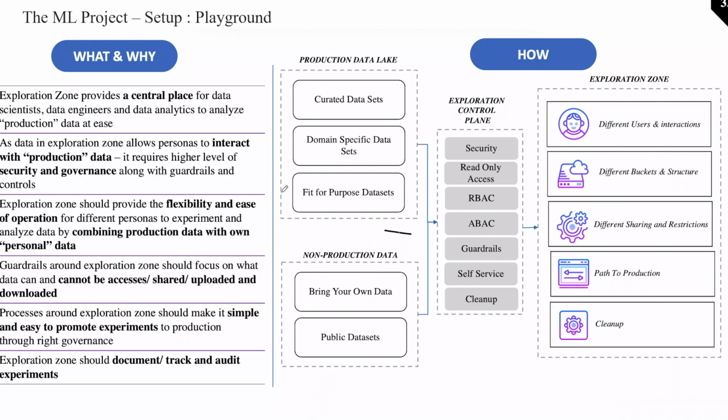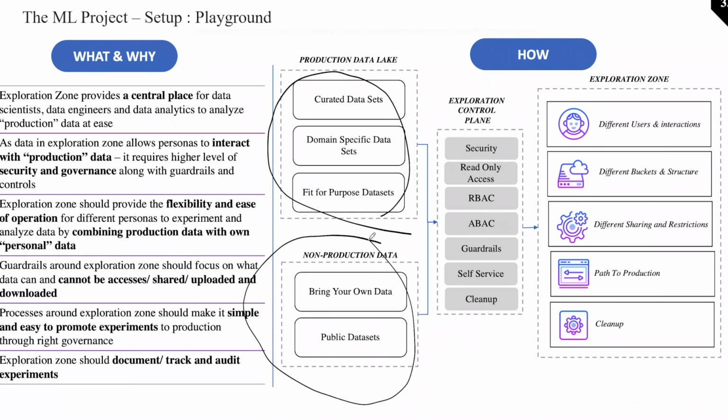So you have a production data lake where you have your curated domain-specific data, purpose-fit data, which is like data products. You have non-production data, which is like bring your own data, right? So for a particular model, you might need some weather data, public data that you do not even have in the production environment yet.